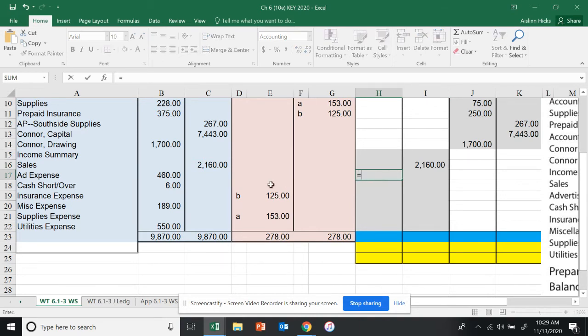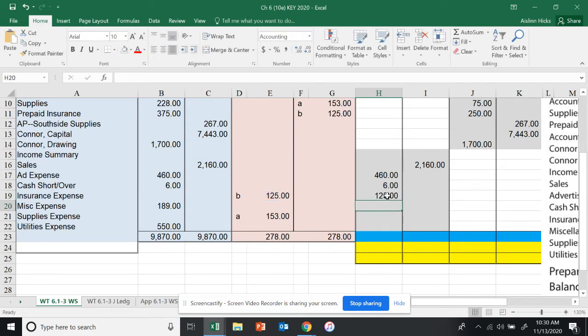Add expense, debit. Cash short over, debit. Nothing here but 125 here. So 0 and another debit plus 125 equals just 125.